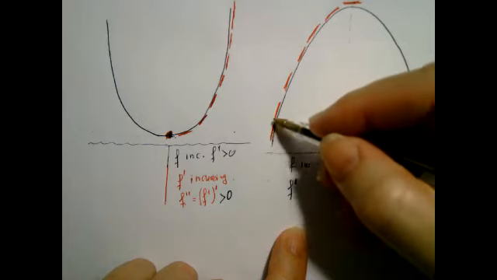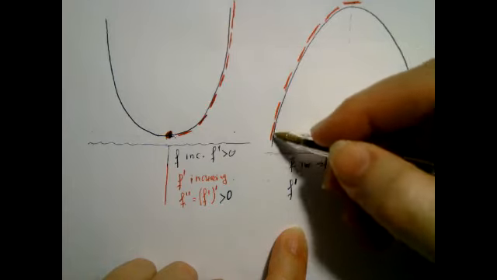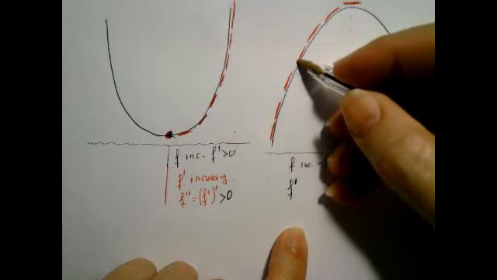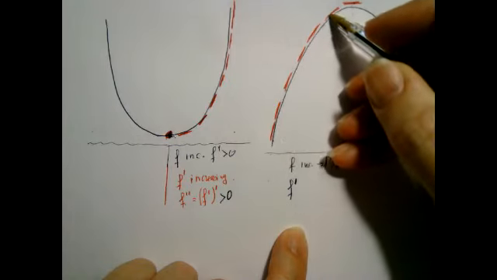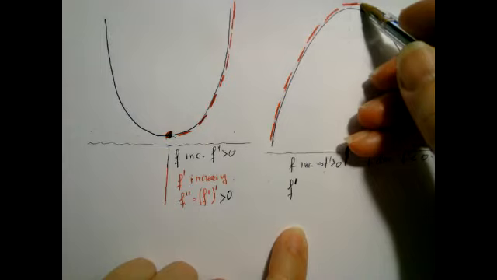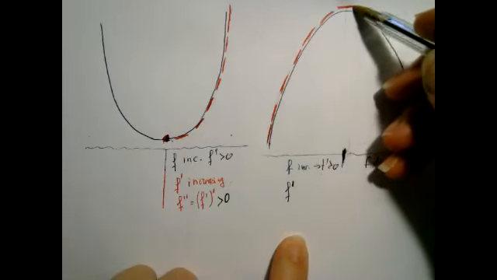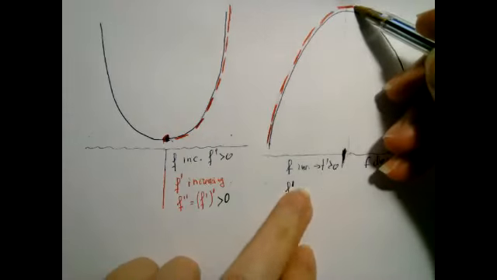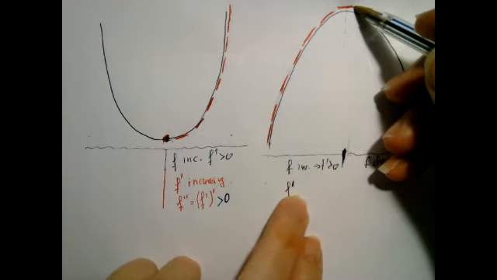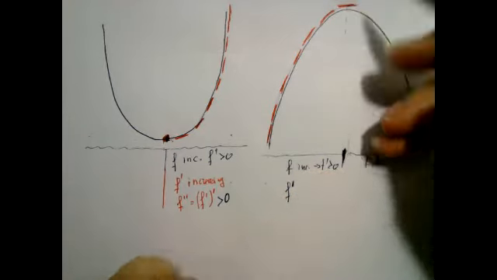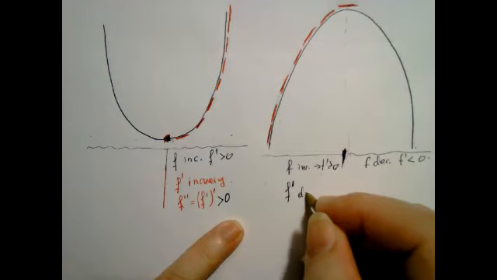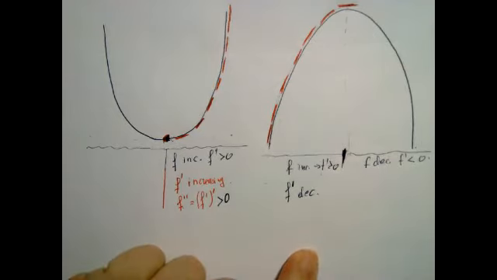Because the slope, what's the slope? It's getting less and less and less, heading back towards 0. So if you look at the picture, f is increasing, so f prime is positive, but f prime by itself is decreasing.